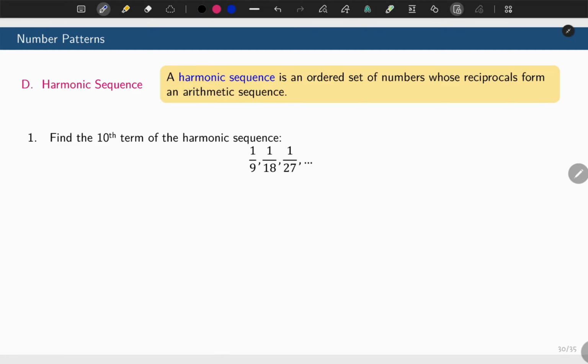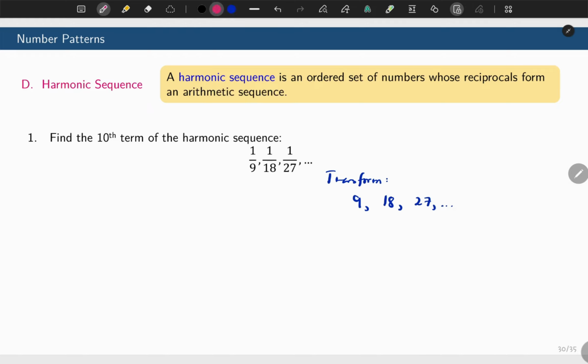Okay, when you check it, you will notice that the denominators form an arithmetic sequence. Or, equivalently, it's the same as saying that the reciprocals of them form an arithmetic sequence. The common difference is 9.